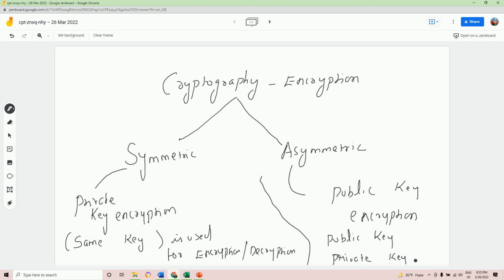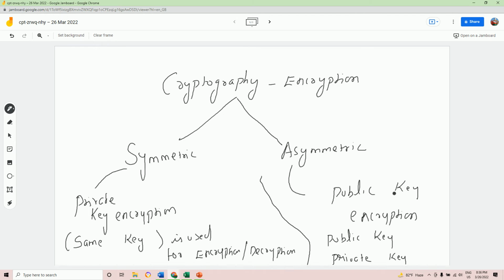Let me do the recap of this introduction of the symmetric and asymmetric algorithm. The cryptographic encryption algorithms are classified into two types: symmetric and asymmetric. The symmetric encryption algorithm can also be called private key encryption.